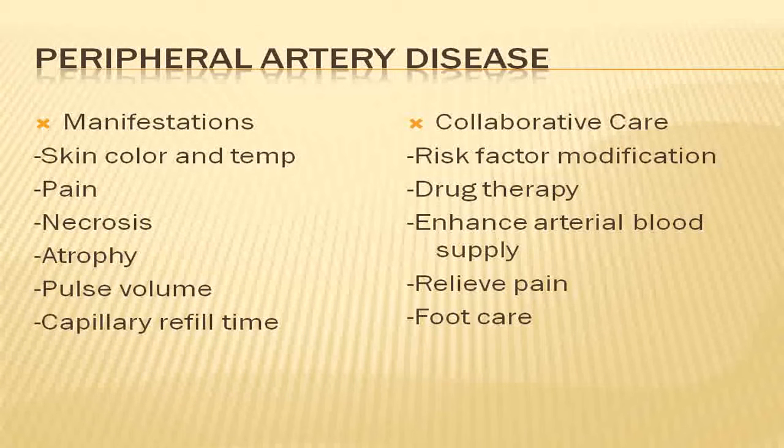We want the person to rest whenever they feel pain, and also it's going to be important for this person to avoid a chilly environment. What chilly environments do for the body, they cause vasoconstriction, and so vasoconstriction again is going to affect the amount of blood flow. So we want this person to again exercise with rest, and also avoid chilly environments.